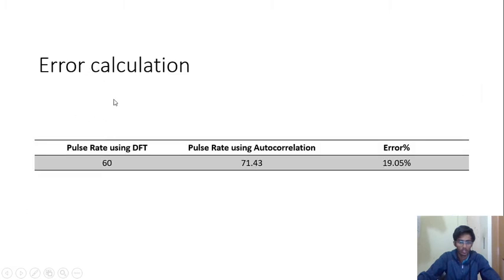As you can see, the pulse rate that you obtain using this is 60. That means we obtained the peak at somewhere around 3. But in the last experiment, we used the same sample, and the pulse rate that we obtained through correlation was 71.43. You can see there is an error percentage of 19.05, which is quite high.